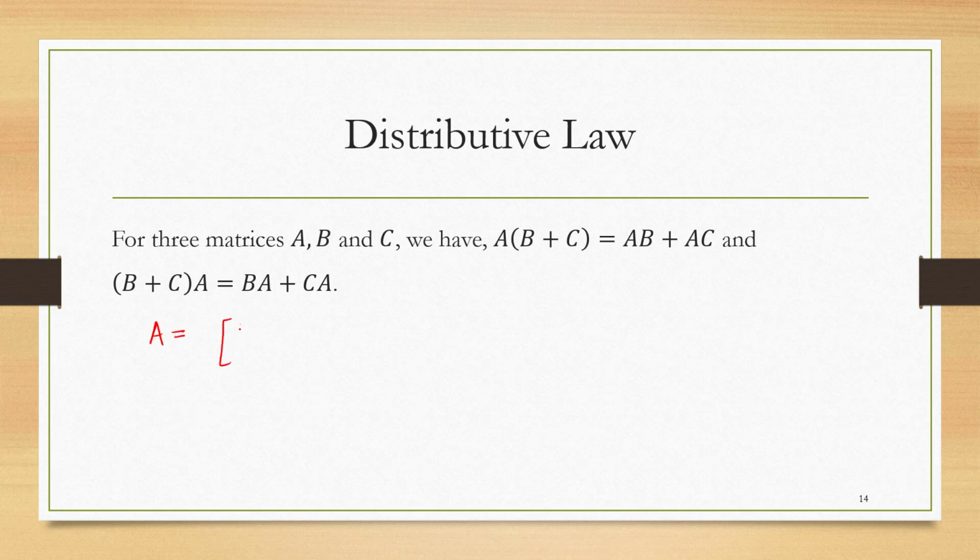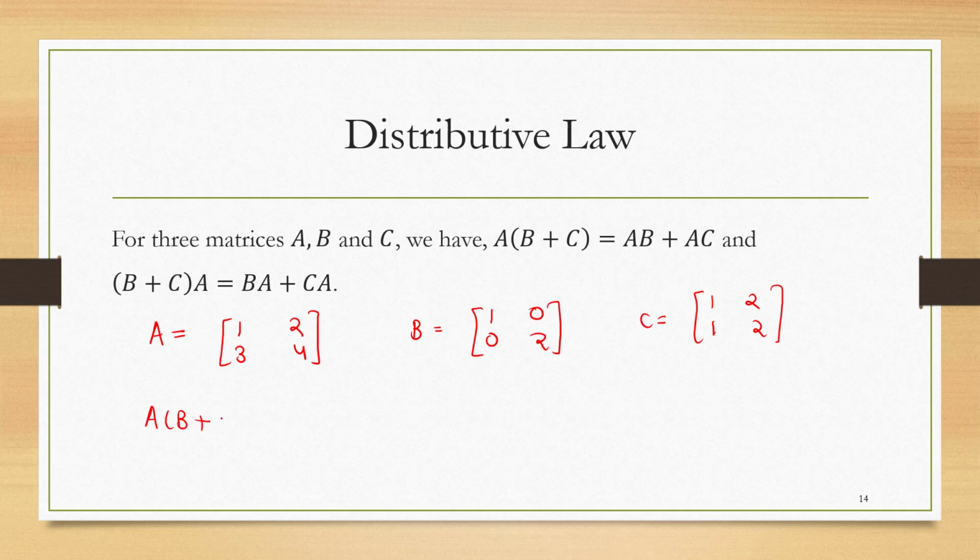So again, let's take A 1, 2, 3, 4. B is 1, 0, 0, 2. And C is 1, 2, 1, 2. Then let's see the left side A into B plus C. So A 1, 2, 3, 4 into B plus C. When we add B and C, we get 2, 2, 1, 4.